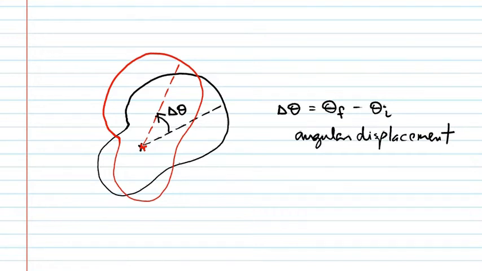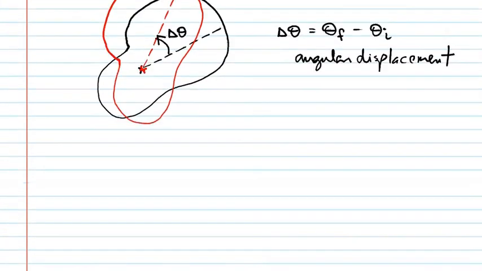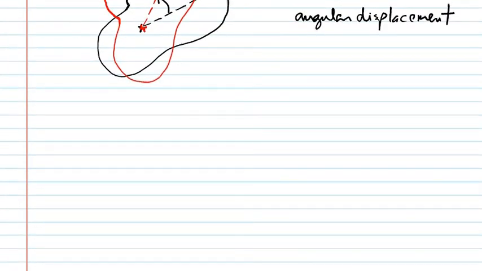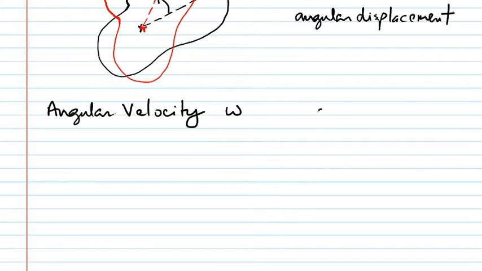So we can describe the position of an object. We can describe how the object has changed in a rotational sense, but we probably also want to know how fast it's spinning around. There we're going to get into speed or velocity. So let's do that very quickly. We're going to have angular velocity. And the common symbol for that is a lowercase Greek omega.